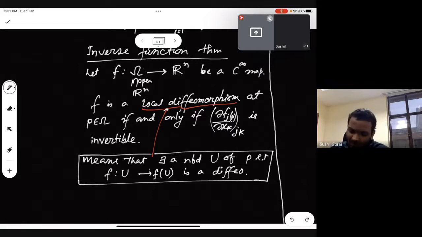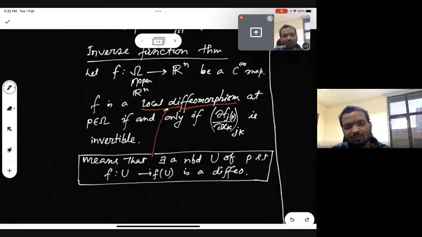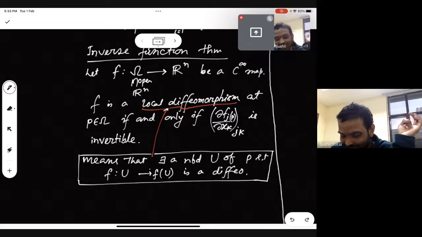Local diffeomorphism, yes. You can say that there exists a neighborhood U of p and a neighborhood V of f of p such that f from U to V is a diffeomorphism. The definition of local diffeomorphism is like that, and it is onto also. So the point is f is defined from Omega to Rn, it's already there.